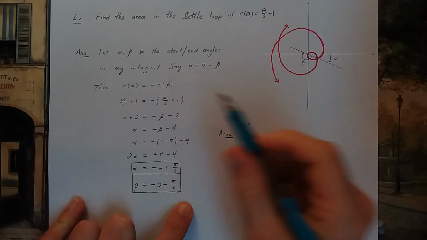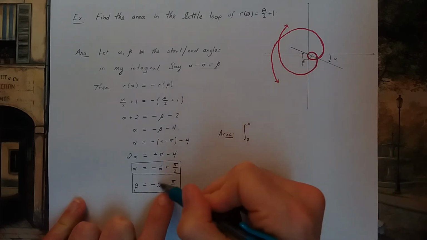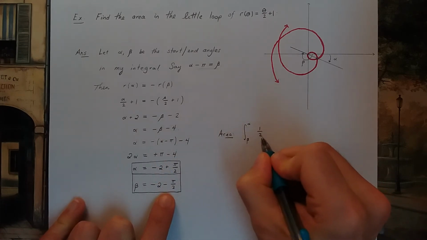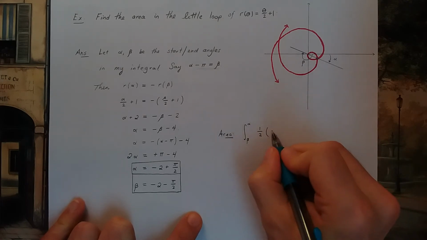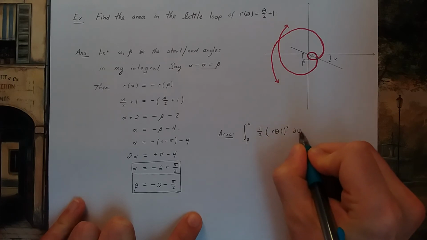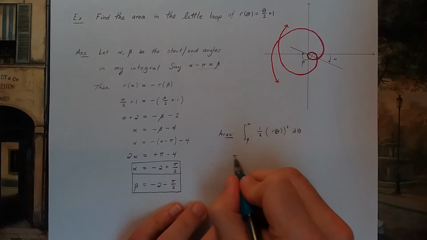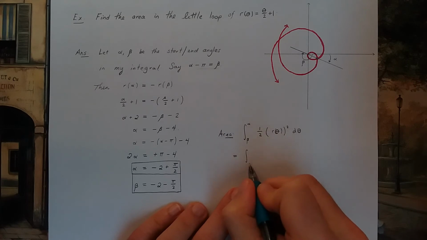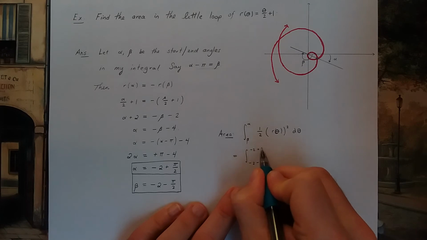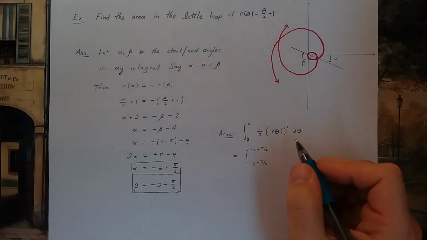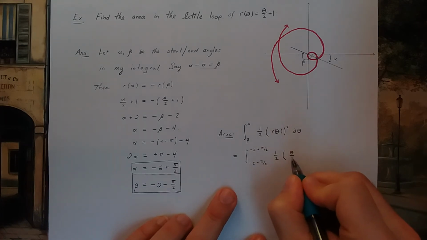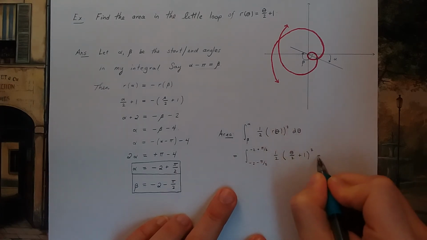Now I chose beta to alpha because I'd like to integrate from the smaller number to the bigger number. 1/2 the function r of theta squared d theta. So this is the integral from -2 minus pi over 2 to -2 plus pi over 2, 1/2 the function theta over 2 plus 1 squared d theta.